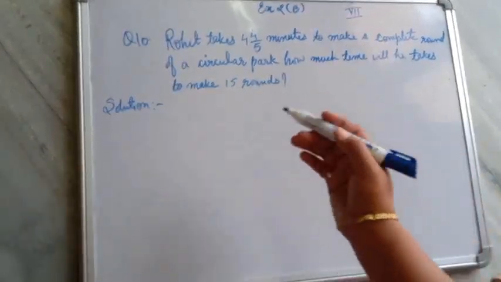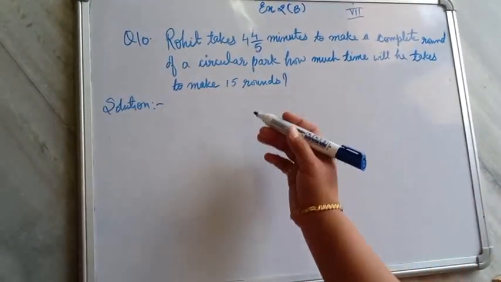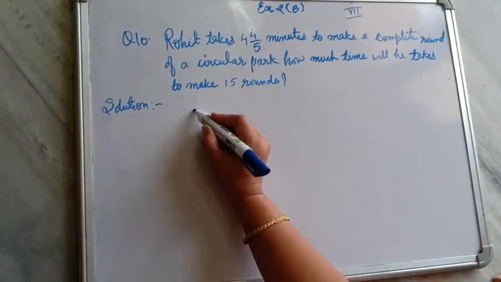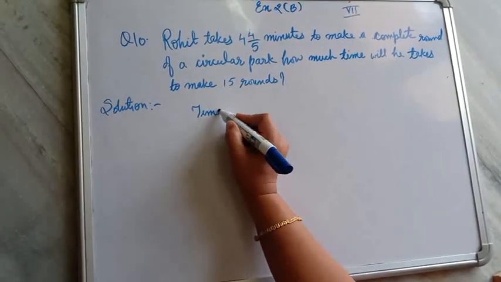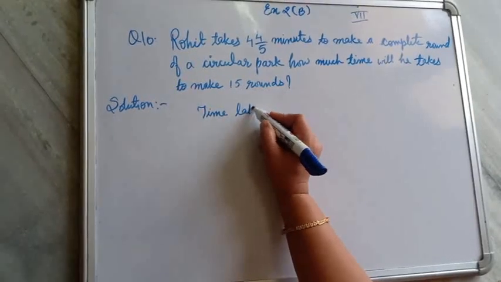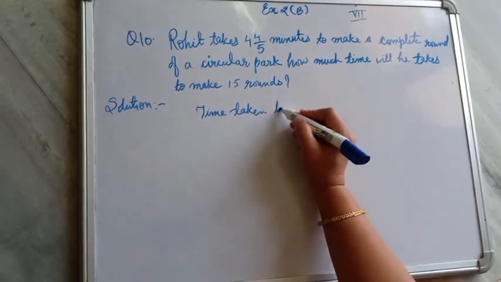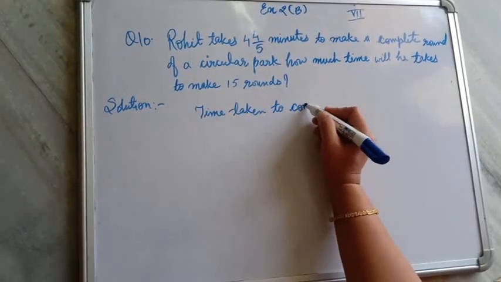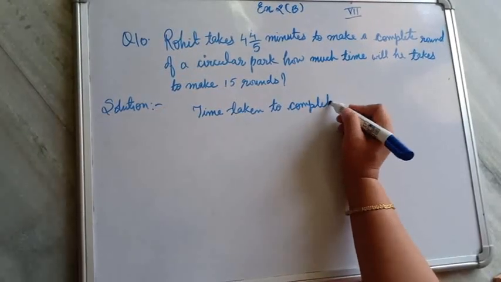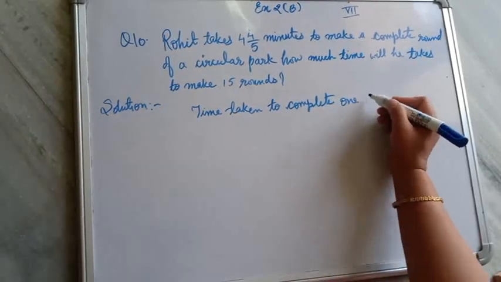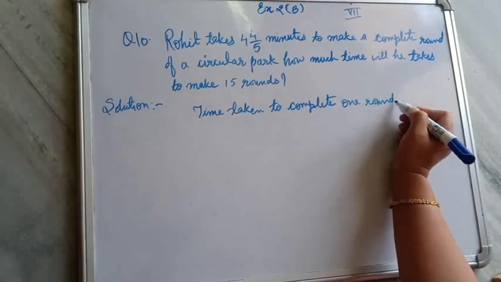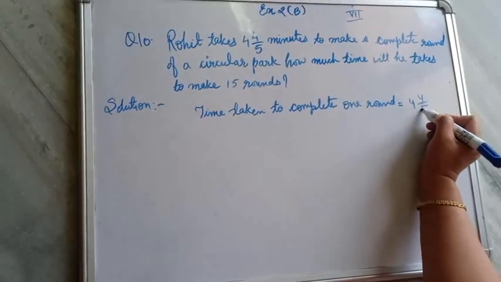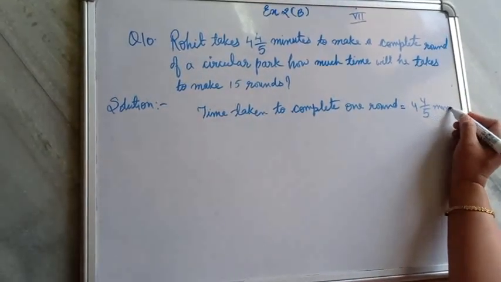So what we have to do, we have to multiply it by time. So time taken to complete one round, that is 4 by 5 minutes.